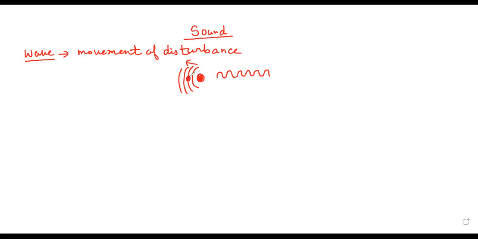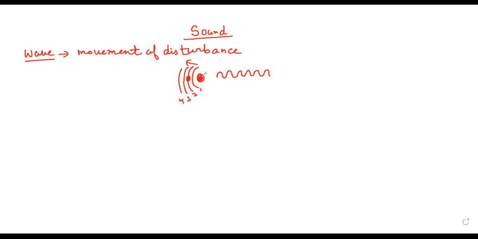Suppose I keep a piece of paper here at that second point, and I have not yet thrown a stone. The moment I throw the stone in the water, the disturbance will be generated due to vibration. But that vibration will transfer only.